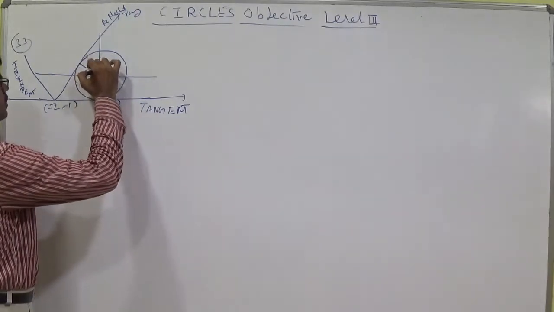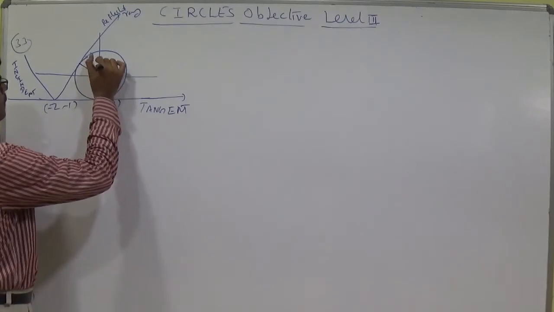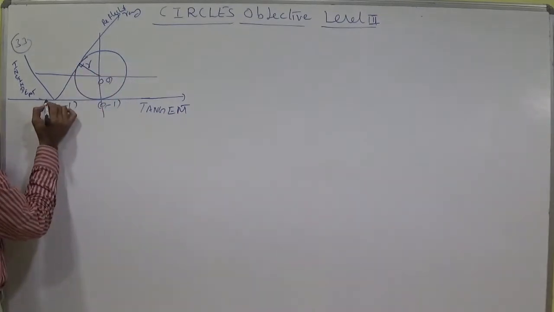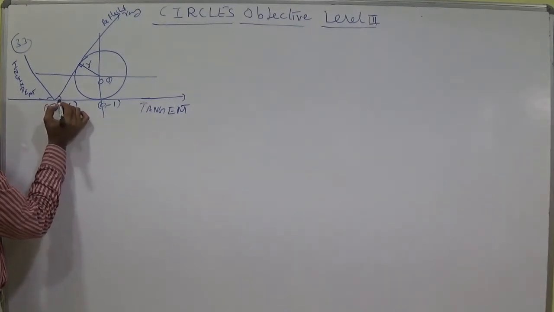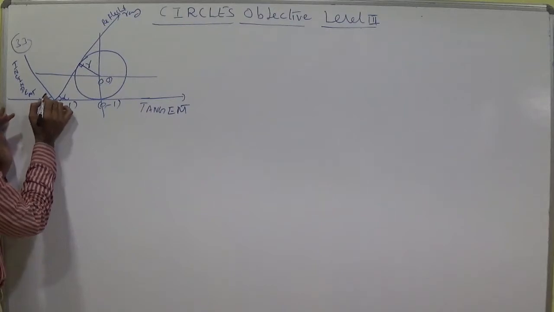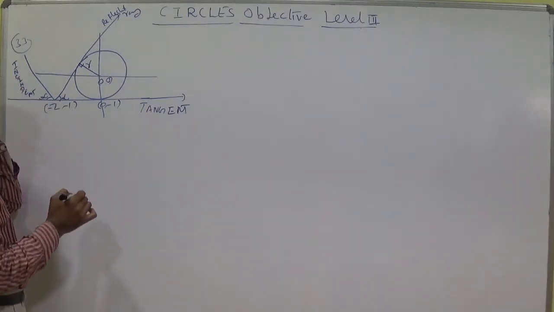Let us draw the concept like this. This is R. This is perpendicular. We know that whenever rays are reflecting, the two angles are equal. The reflected angle and this angle are both equal, so it is alpha.